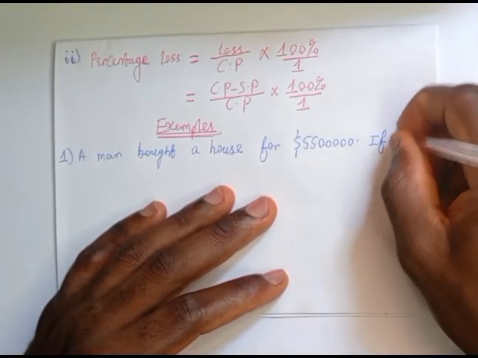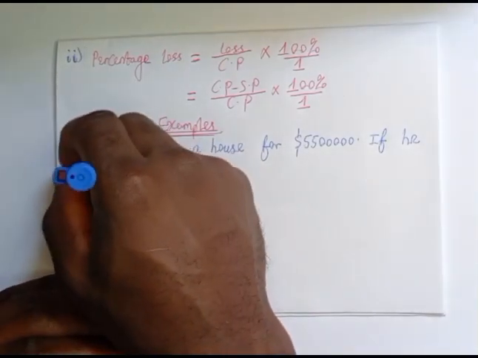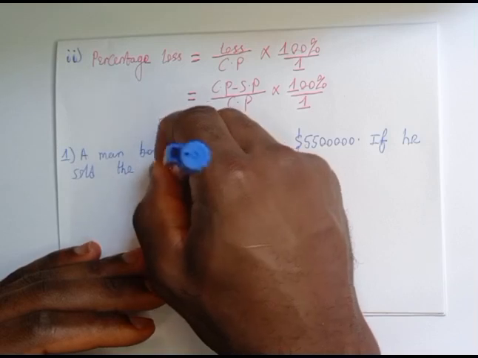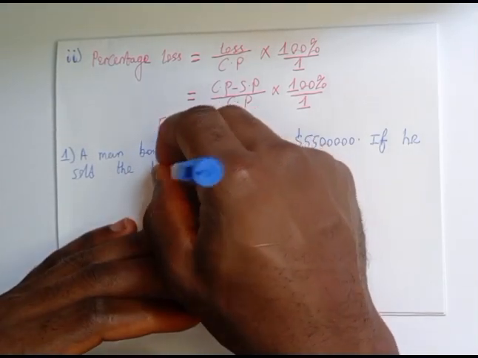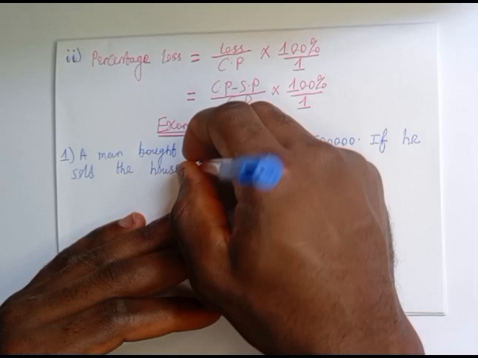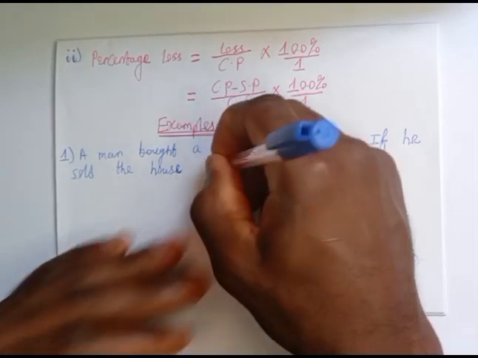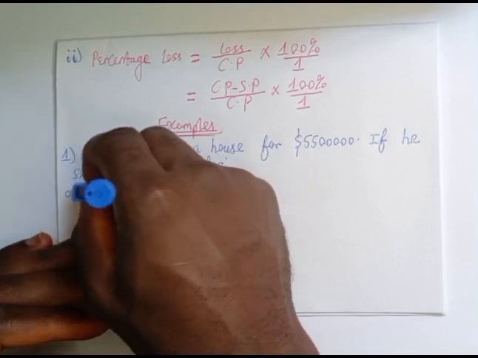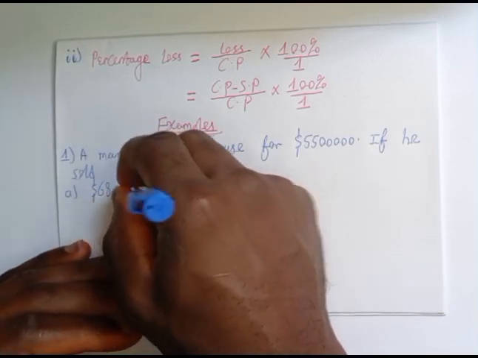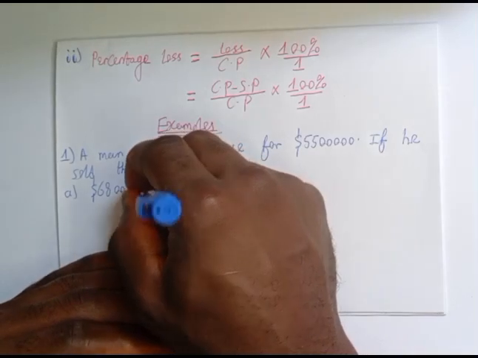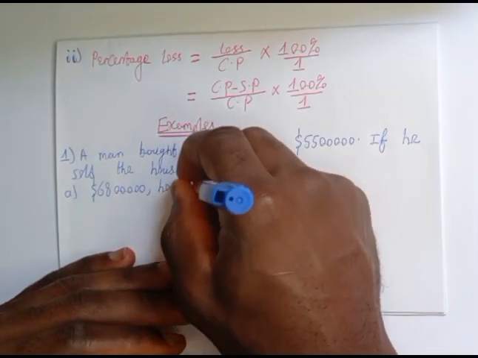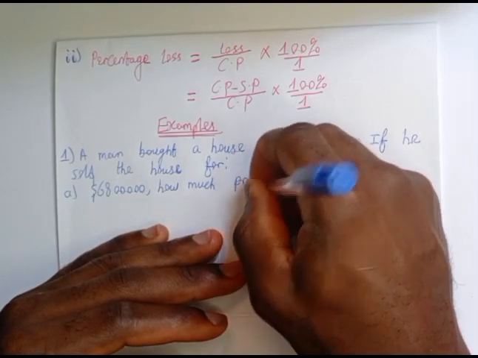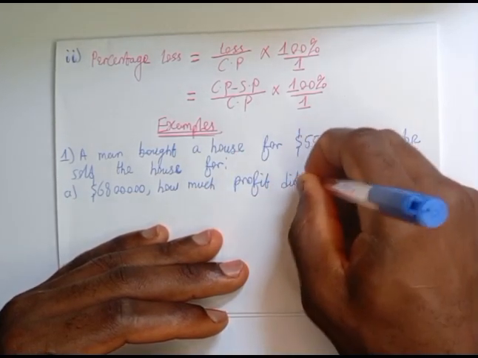If he sold the house for, question A, $6,800,000, how much profit did he make?